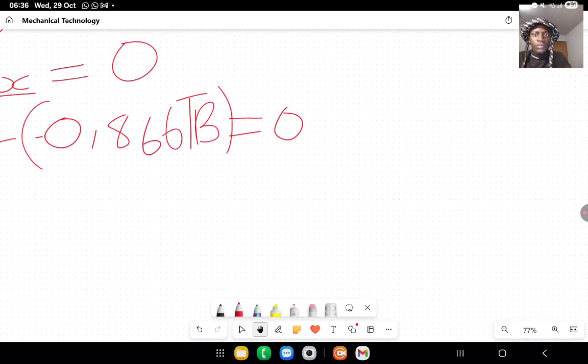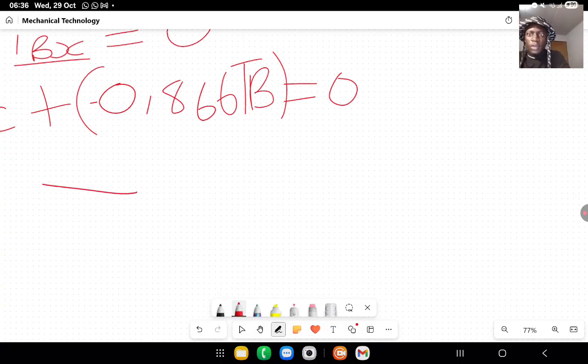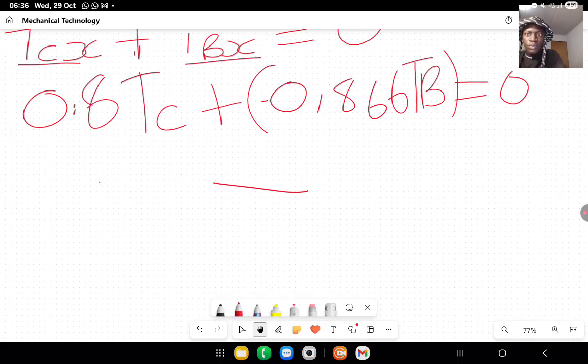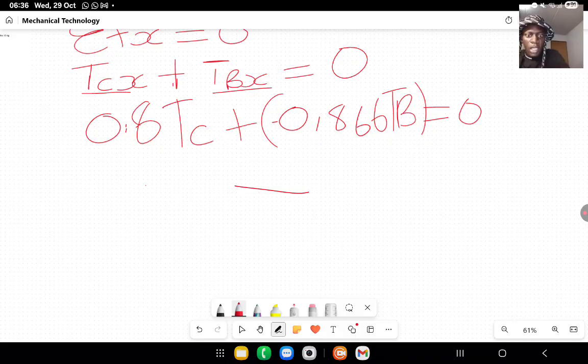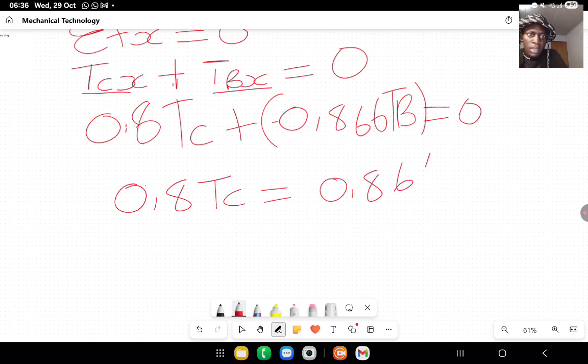Okay, I think it's now understandable. Because we have negative, we are going to multiply negative with positive. It's going to give us a negative. That means we will be left with 0.8 TC is equal to 0.866 TB.